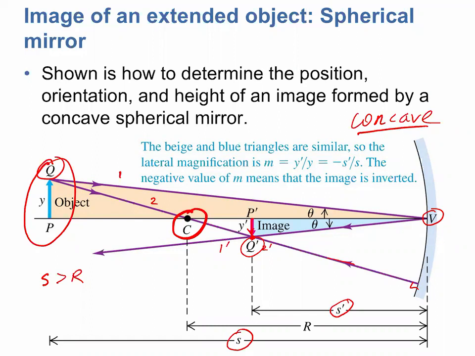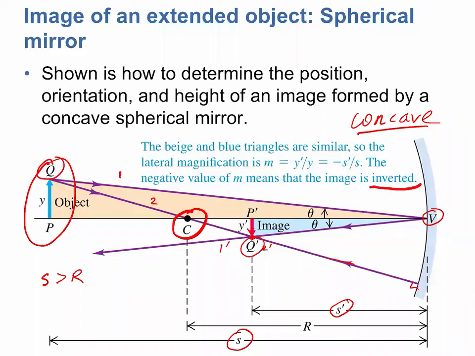And one of the things I can directly see without doing any calculations are a few things. The image here is upside down, it's inverted. The image here is smaller than the object, and the image here is in front of the mirror. That means I have a real image, a smaller image, and an inverted image. Because all the real images are inverted.